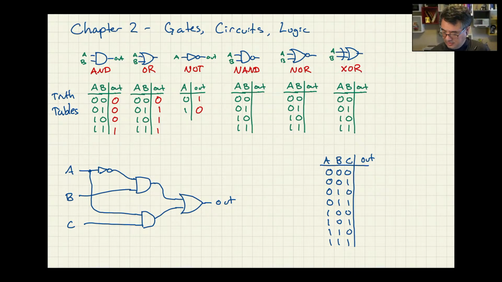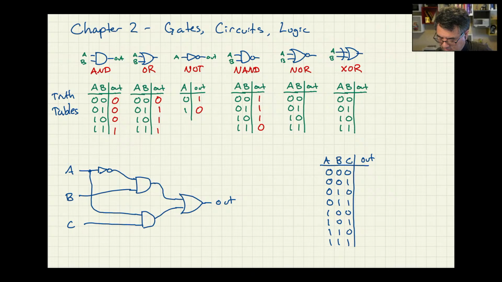The truth table for NAND is the opposite of what it is for AND. You can think of this bubble as meaning negate. It takes whatever the output of the AND would have been, and it just negates it. So anywhere where there was a 0 for the AND, there's now a 1 for the NAND. NOR is the same way.